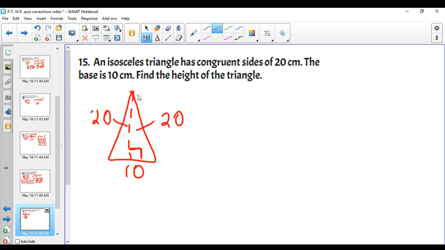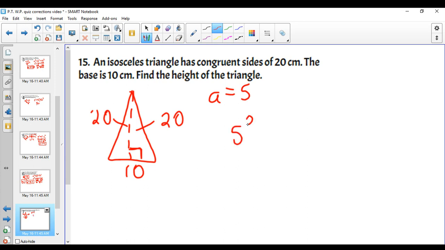Okay, so if we look at this as a right triangle, this half right here, the legs A and B, well, we could say B is our unknown, the height. Well, A would be 5, because if this whole side length is 10, but we're only looking at half of it, then A is going to be 5. So put a little note here that A equals 5.